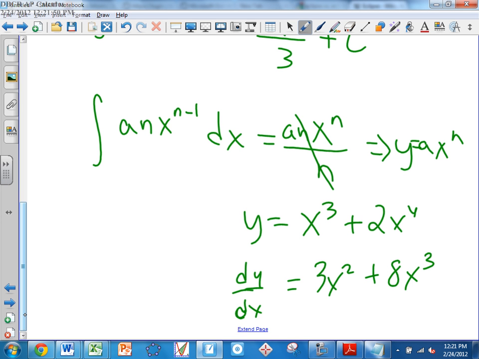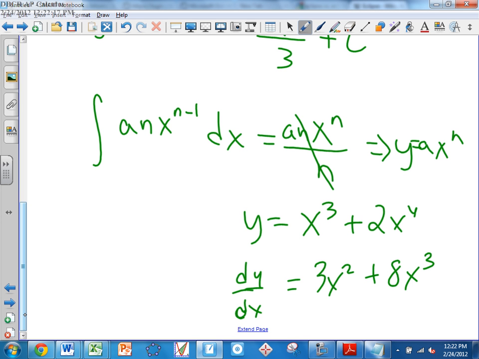The integral of dy equals the integral of x squared plus x cubed times dx, which then equals the integral of x squared dx plus the integral of x cubed dx, which then equals y equals 1/3 x cubed plus 1/4 x to the fourth plus c.